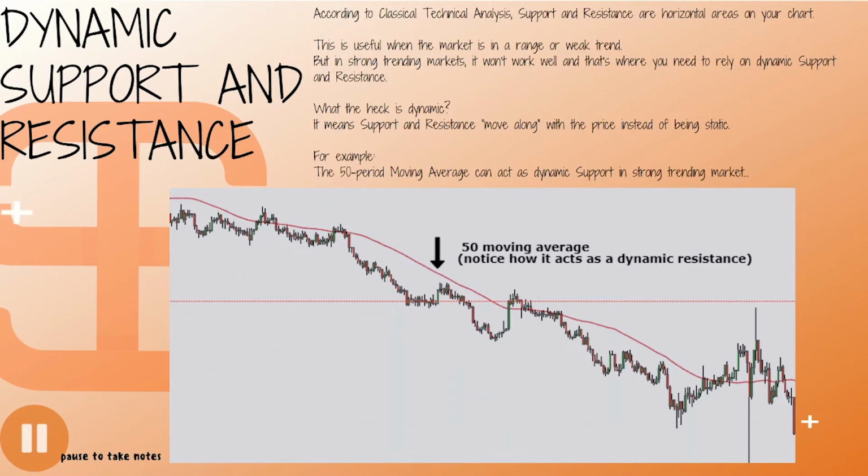Now, what the heck is dynamic support and resistance? It means that it's a support and resistance that is basically working off the moving averages. So as you can see here on my chart, I have the 50 moving average. This is what we call a dynamic support and resistance right here, okay?